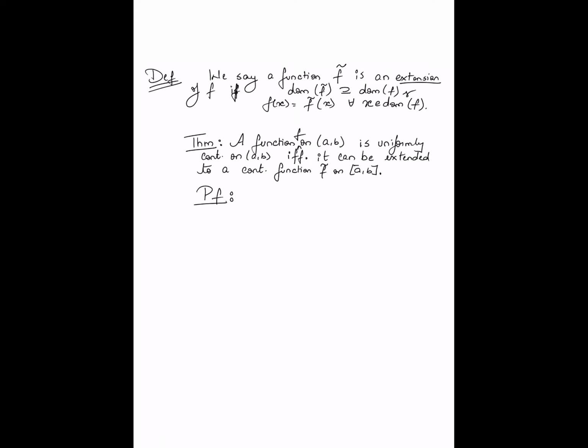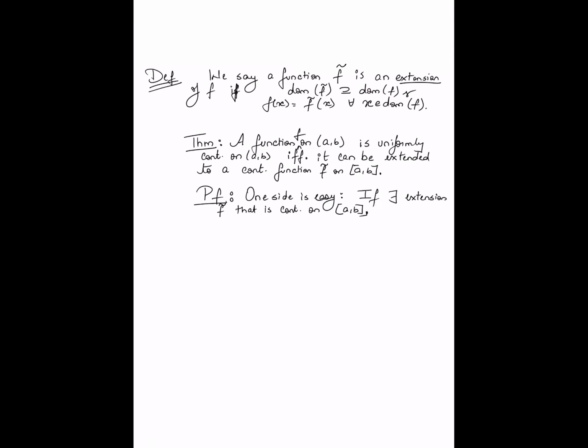That's easy. So one side is easy. That is, if there exists an extension f tilde that is continuous on AB, then I claim that f is in fact uniformly continuous on the open interval AB.